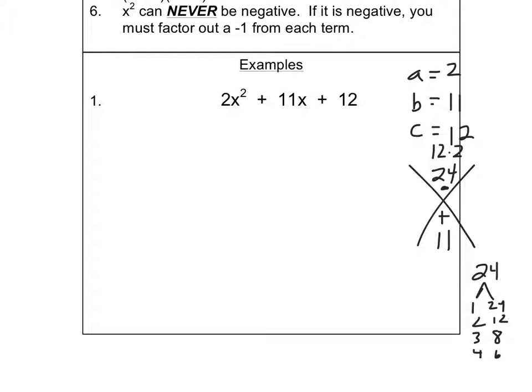Which pair will add up to be 11? Well, that's 3 and 8. So factors of 24 that add up to be 11 are 3 and 8. So what I'm going to do again is replace my middle term with a 3x and an 8x.